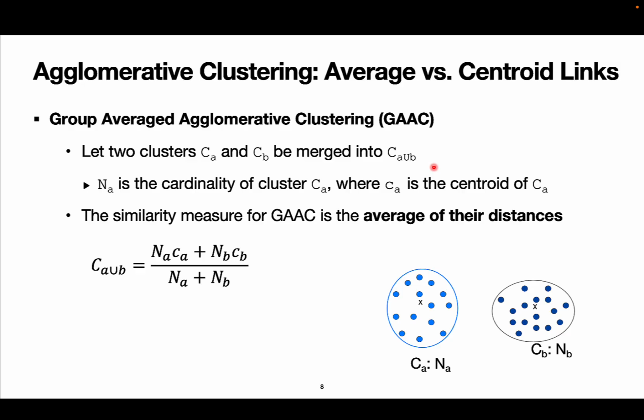The new centroid can be computed very efficiently, without having to directly perform all of these pairwise distances, by multiplying the number of points in the first cluster by its centroid, plus the number of points in the second cluster by its centroid, then dividing by the total number of points. So this is a similarity measure which estimates the average of their distances without having to directly compute these distances.